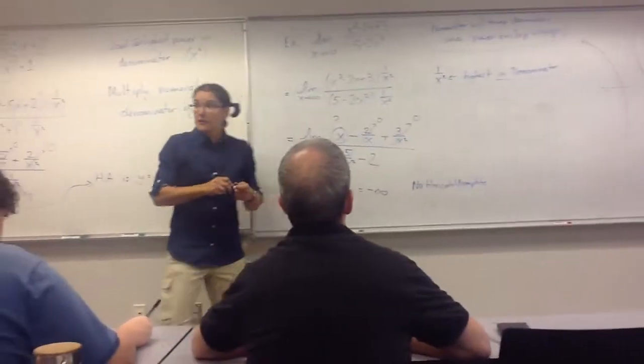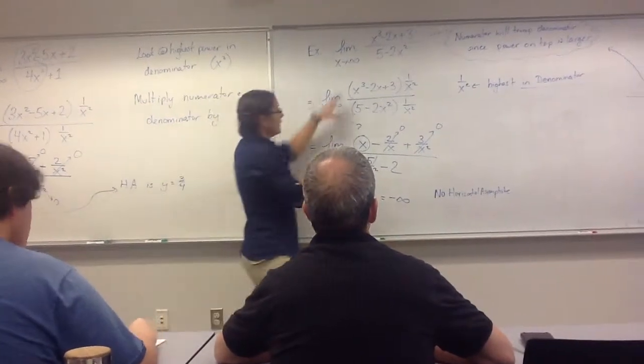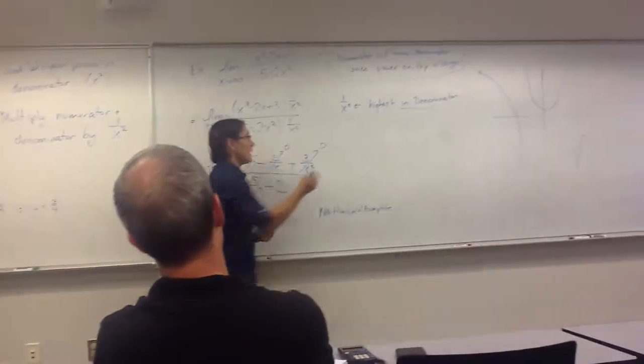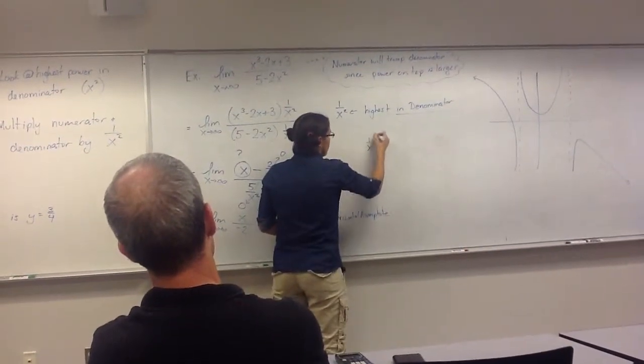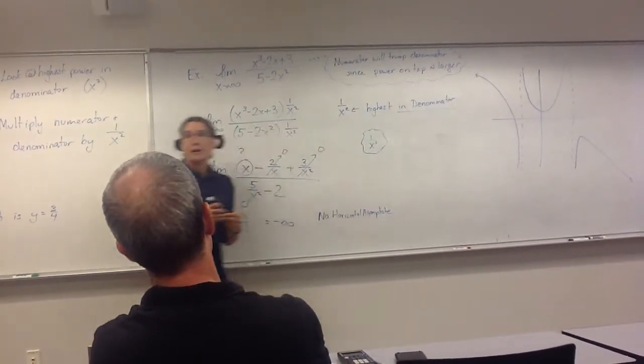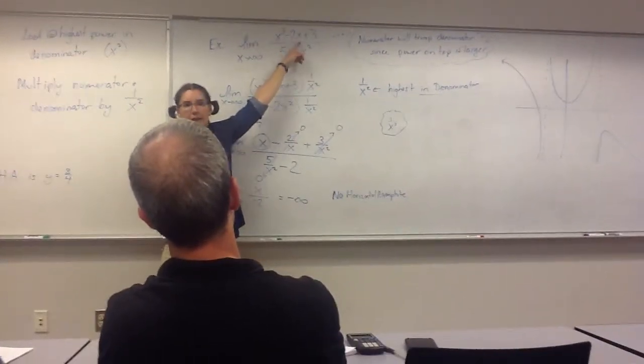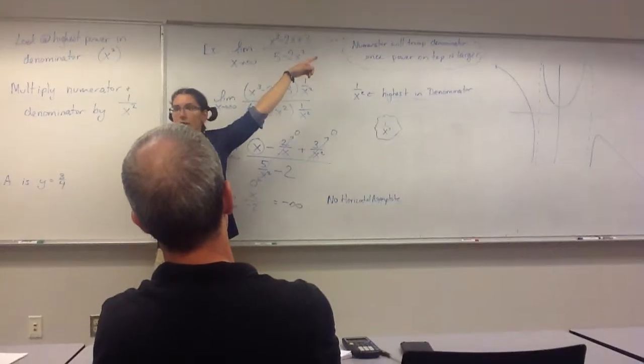And the answer to that is, in this example, if I had tried multiplying by 1 over x cubed rather than 1 over x squared, in the numerator, we'd be fine. We'd have a 1, and then that second term would go to 0, and the third term would go to 0.